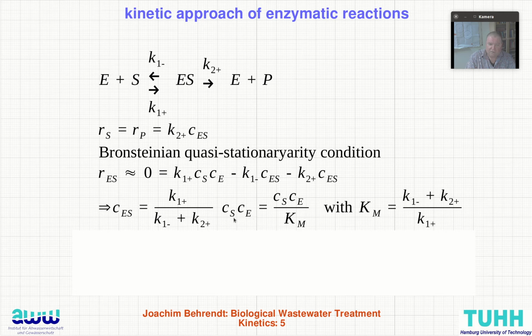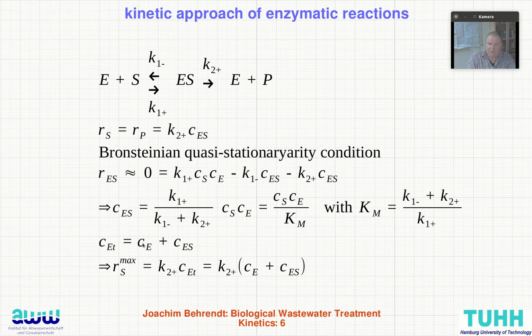Now the main idea, this is for other kinetics as well, as we will see, is that we are looking at what would be the maximum possible reaction rate. And there we see we have the total number of enzymes, and they only have two forms. In our case, the free enzyme and the enzyme substrate complex.